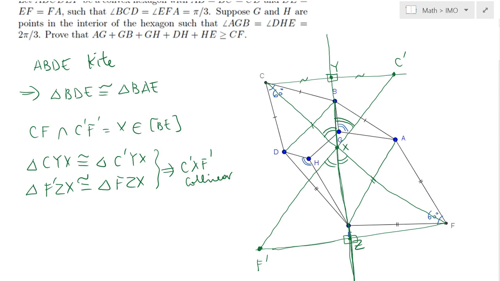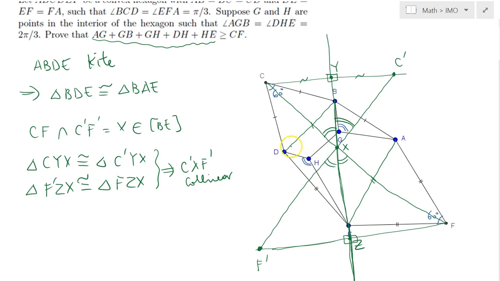Now I claim that the sum on the left hand side can be expressed alternatively in the following way. Let's start with the following observation. Notice that because of the symmetry axis, BD and BA are symmetric.